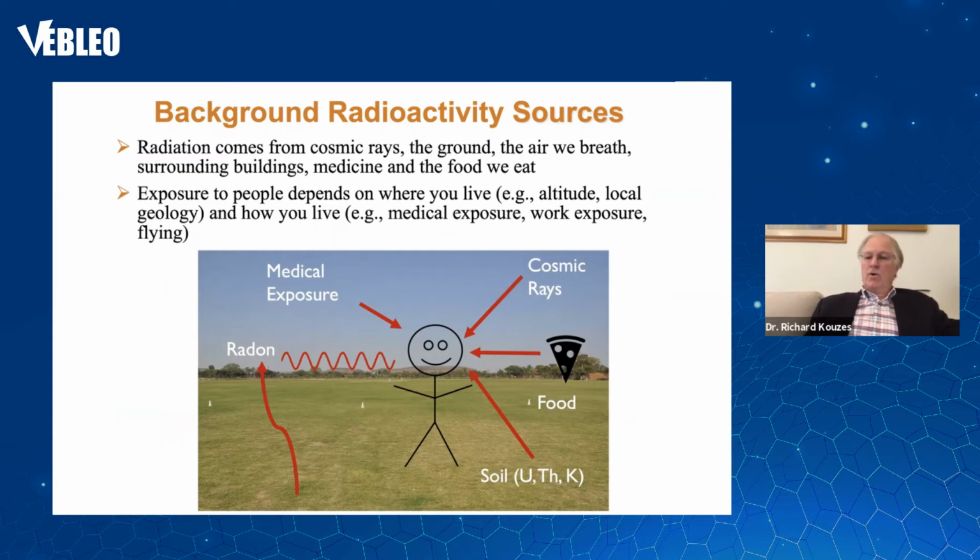And then there are man-made things like medical exposures. So in all, we are always subject to background radiation. This depends upon altitude and location, local geology, how much medical exposure you get, and whether there's any work exposure, or flying in an airplane. What we want to do is detect radioactive materials at levels that may be hidden by this background radiation.